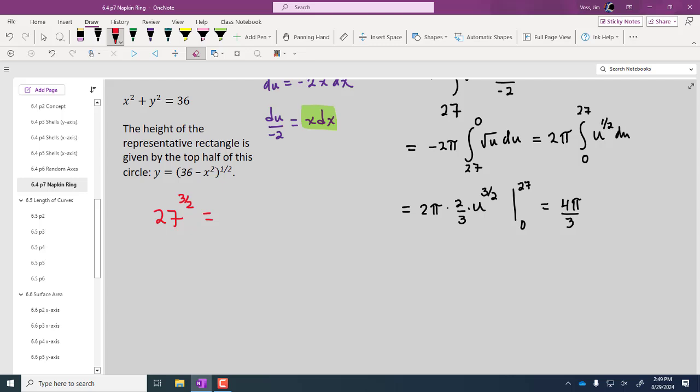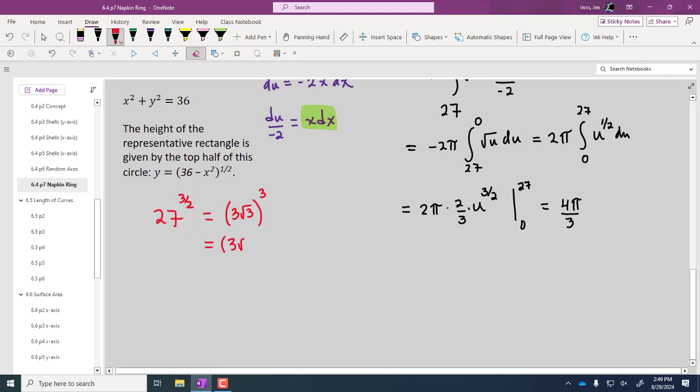So we want to take the square root of 27. The square root of 27 is 9 times 3, so that's going to be 3 root 3 cubed. So then if that's cubed, we're going to take 3 root 3 and multiply it by itself 3 times. I'll just write it out for once.